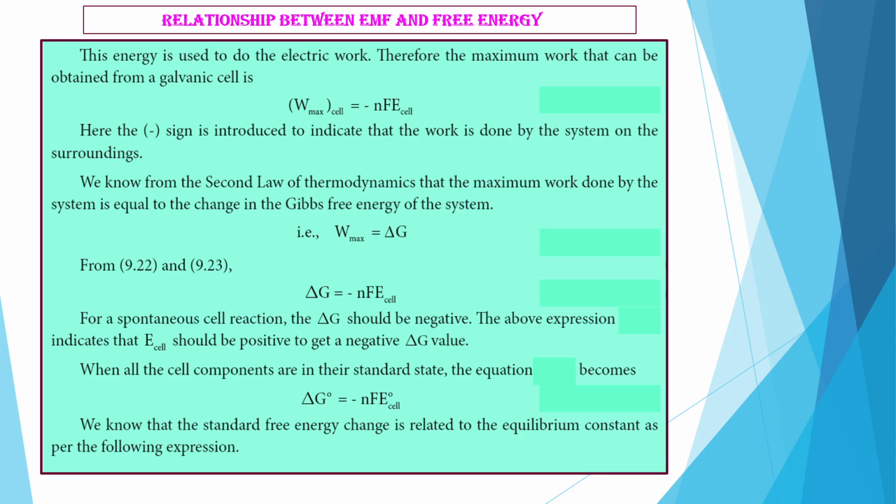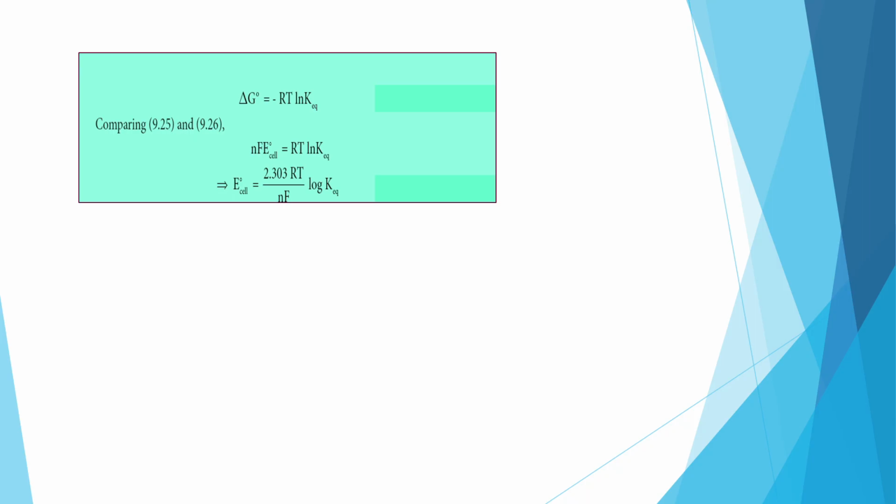We know that the standard free energy change is also related to the equilibrium constant K eq, that is minus RT ln K eq. So I can also write another form of that formula, that is nF E naught cell equals RT ln K eq. So E naught cell from this equation becomes 2.3 RT by nF into log K eq.